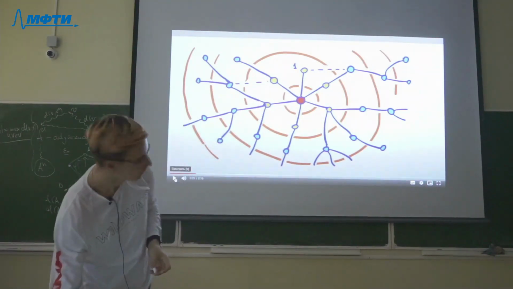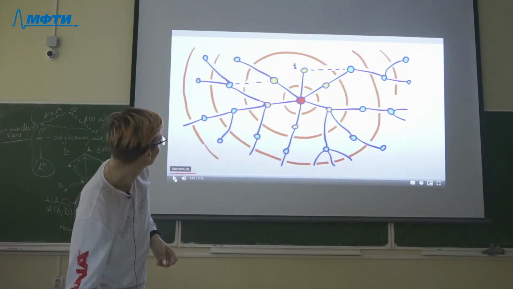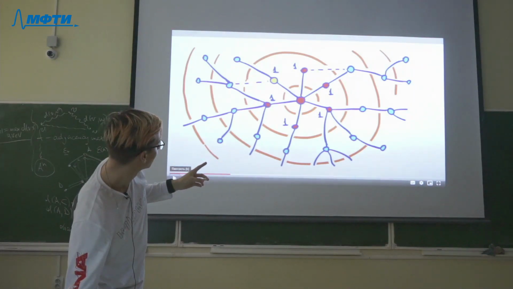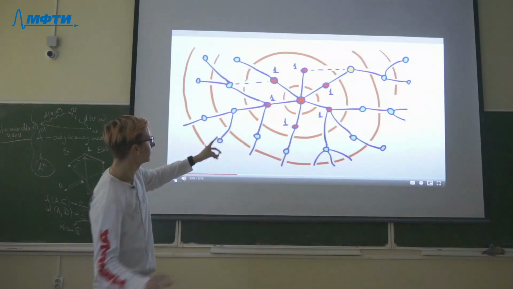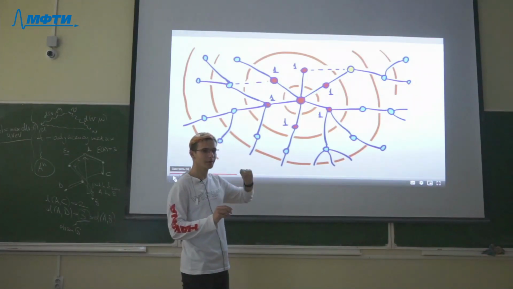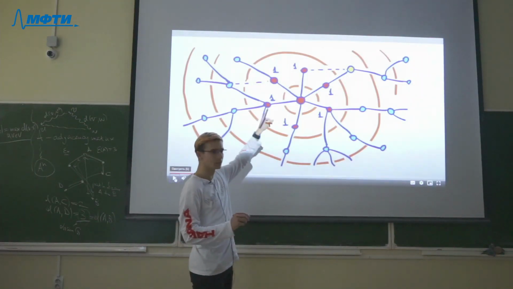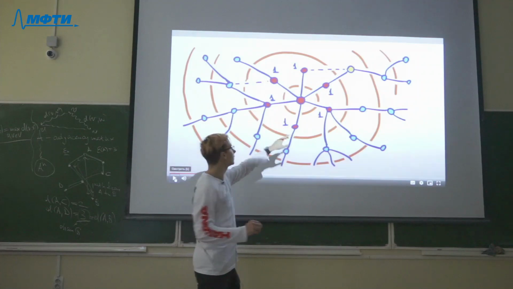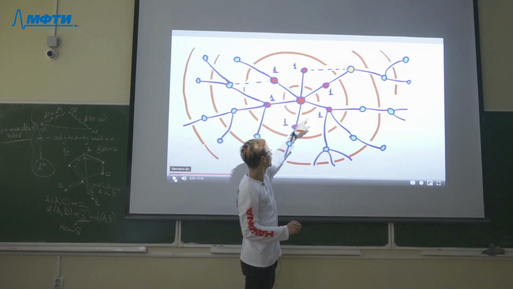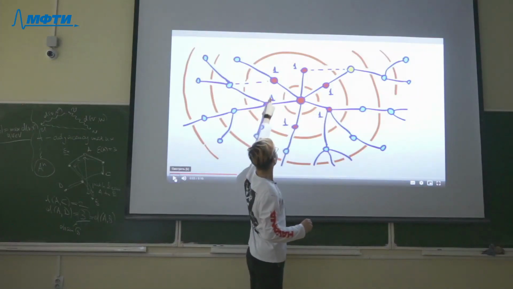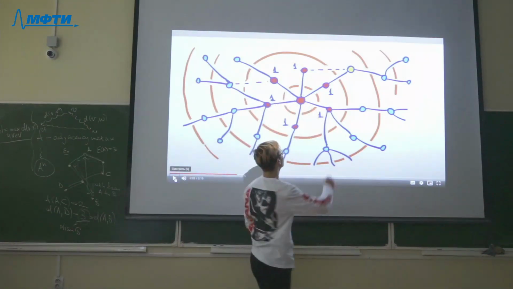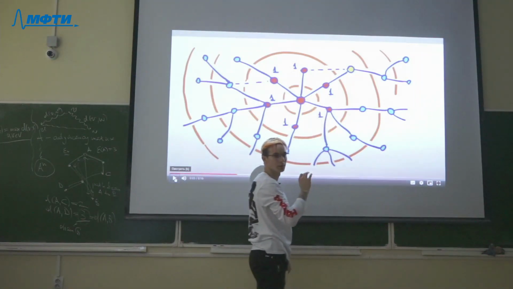Then we repeat our algorithm for the new vertices in Q. Now we remove the center, and in Q we have 1, 2, 3, 4, 5, 6 vertices, and we pop the first of them.